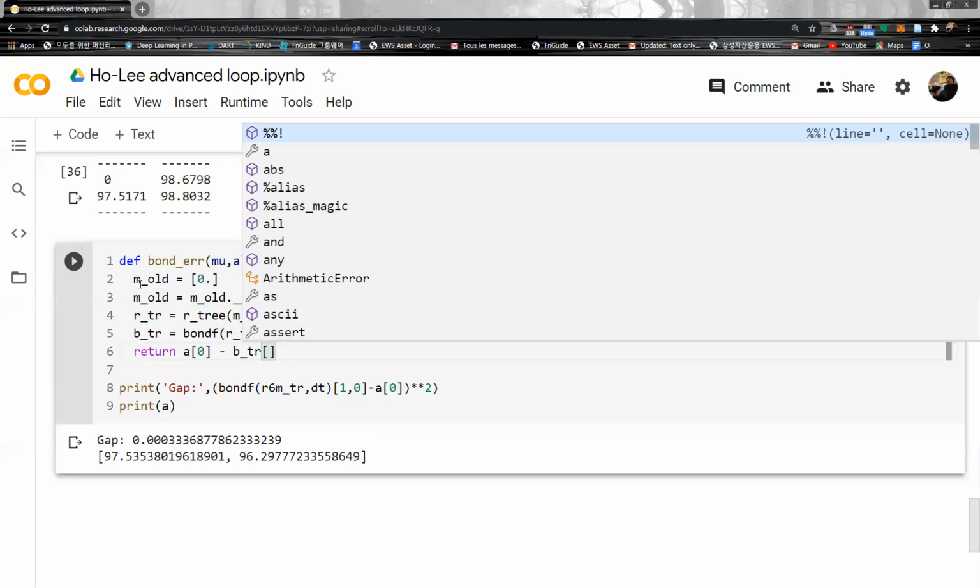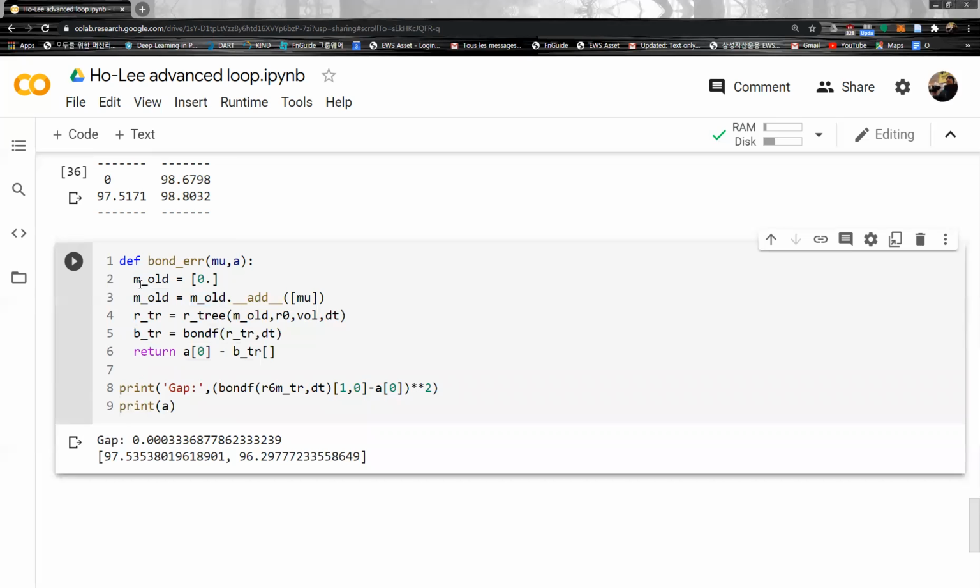Here, it is basically 1, 0. And then the square of this one. Okay. It should generate the same one.